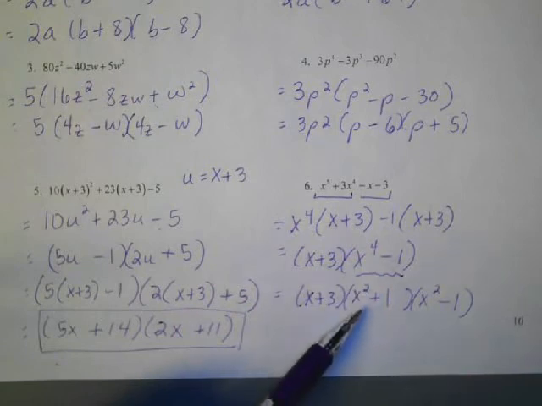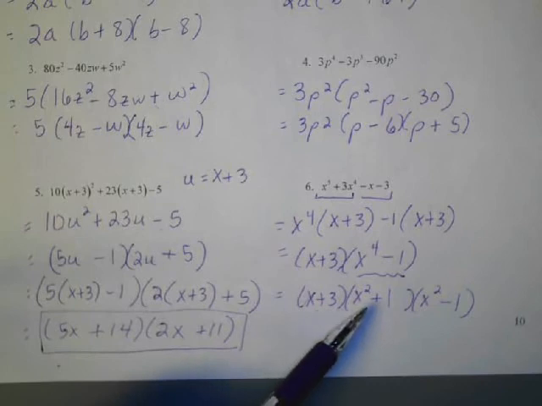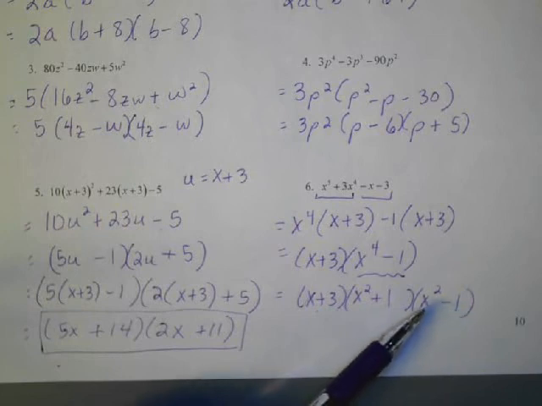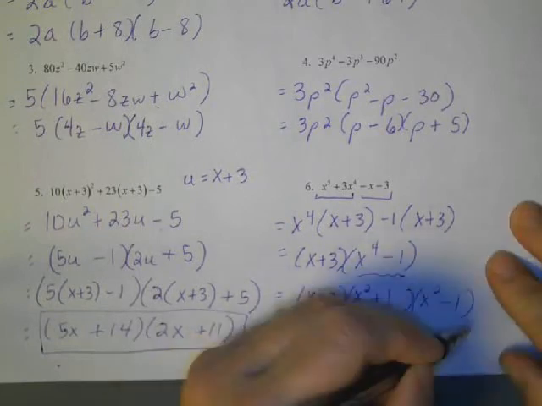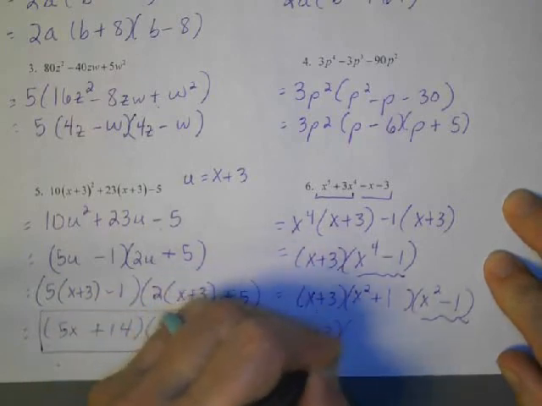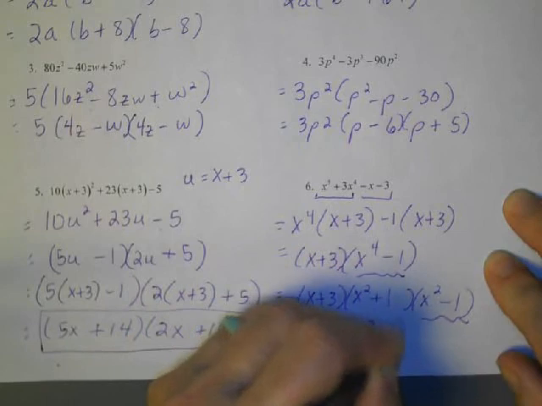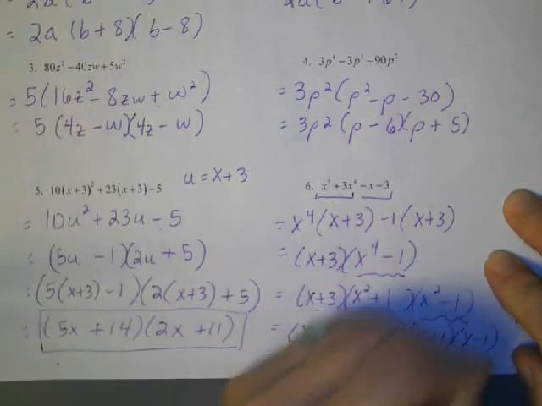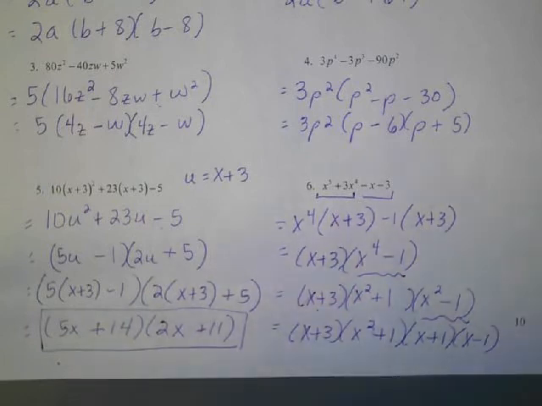And then I have to look at it again. Remember, binomial factors that carry the same sign are finished. But this one on the end has different signs, and these are squares again. So it factors one more time. I am now finished.